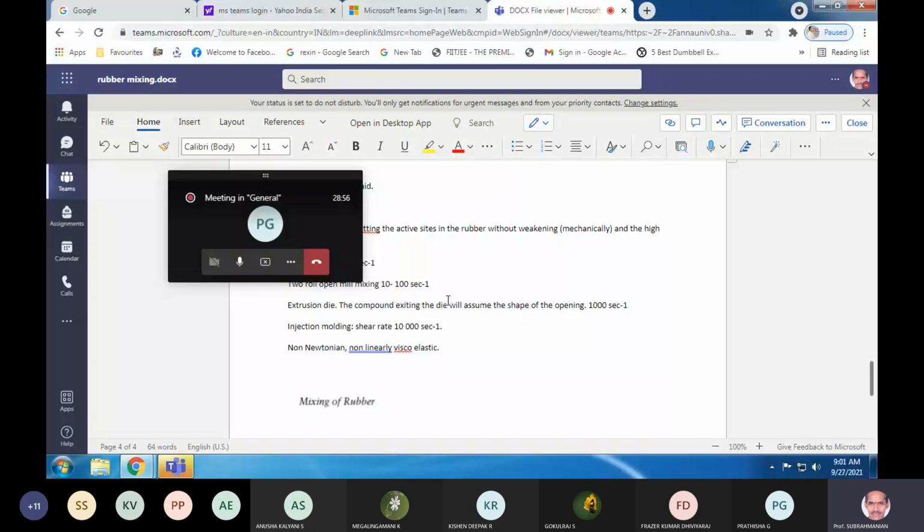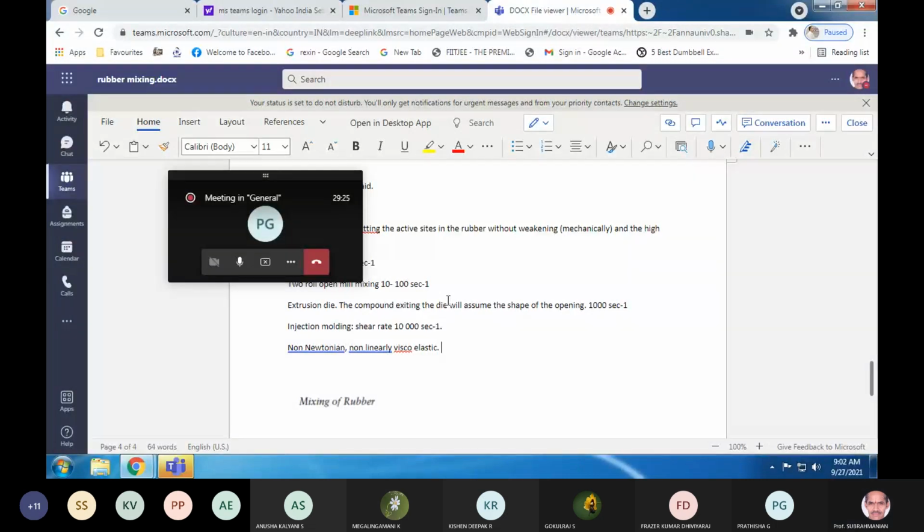All right. So the point is the viscosity of all, whether it is open mill mixing or internal mixing, calendering, extrusion, injection molding, compression, transfer molding, they are all controlled by the viscosity. This viscosity is strongly controlled by the shear rate.